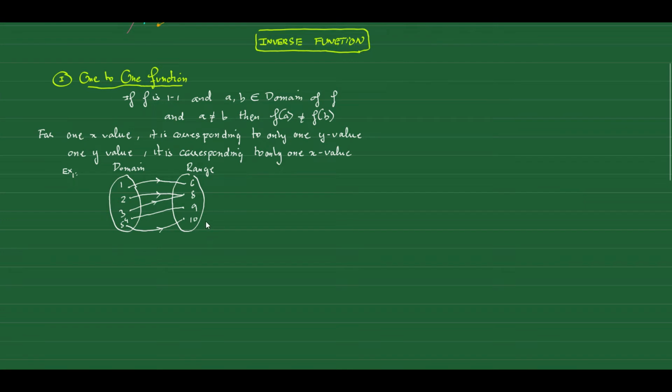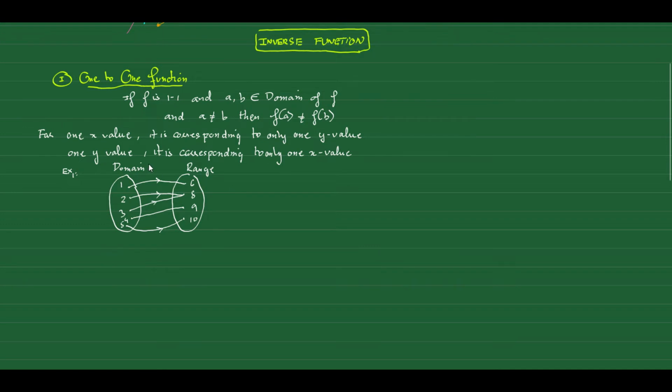But the thing over here, if you look at this, 2 is assigned to 8 and 3 is also assigned to 8. So it contradicts this, because each input is assigned only one y, but for y it corresponds to only one x, while the y over here corresponds to 2 and 3.